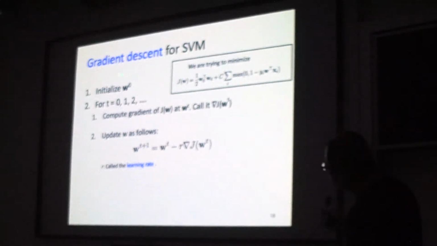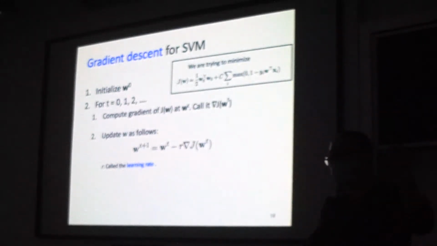We can immediately embed our support vector machine objective into the gradient descent framework. We initialize our weight vector with W0, then go through many iterations, and suppose we are able to compute the gradient of the objective function at the current WT. Let us just put aside the non-differentiable problem.